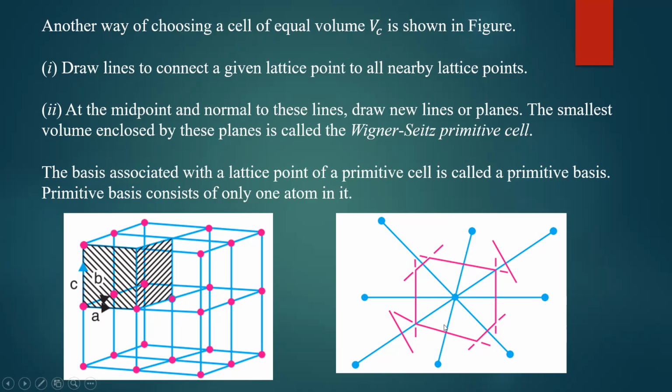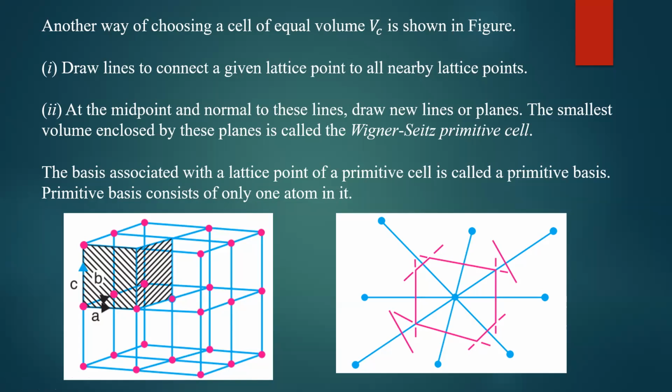And it has the basic structure of the unit cell. The basis associated with the lattice point of the primitive cell is called the primitive basis, or the structural unit. Primitive basis contains only one atom in it. That is one more important property. Basis means it is the fundamental building block of the crystal structure.